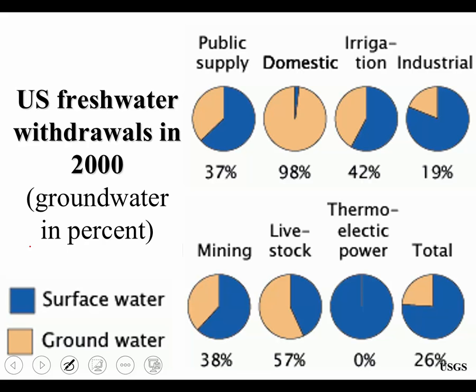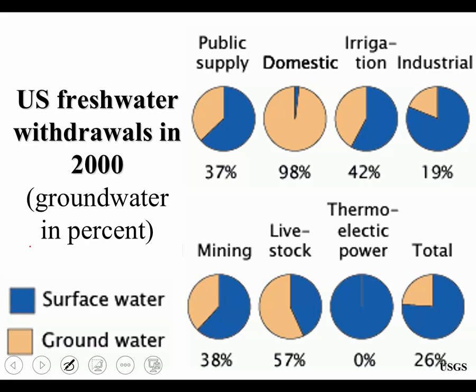And as I had mentioned earlier with surface water, there's a variety of uses for water, everything from public supply to thermoelectric power. The brownish colors are the percentages that are used for groundwater.